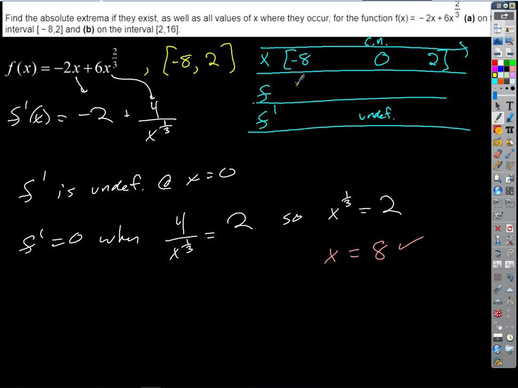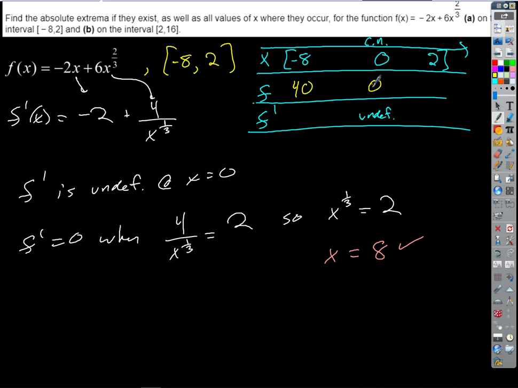I think so. You can check, but I think that's right. What about at 0? What's f of 0? Oh, sorry, undefined. Oh, no, it's not. The derivative's undefined, the function's not. It's 0.